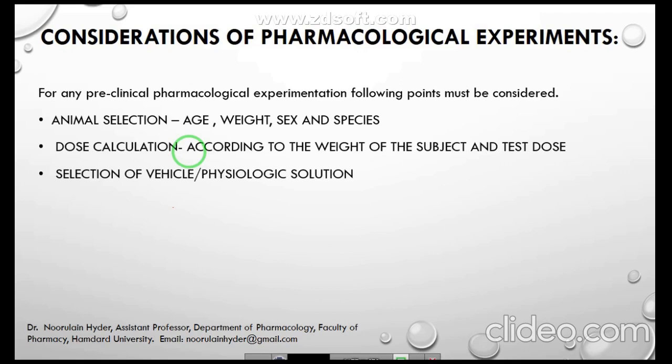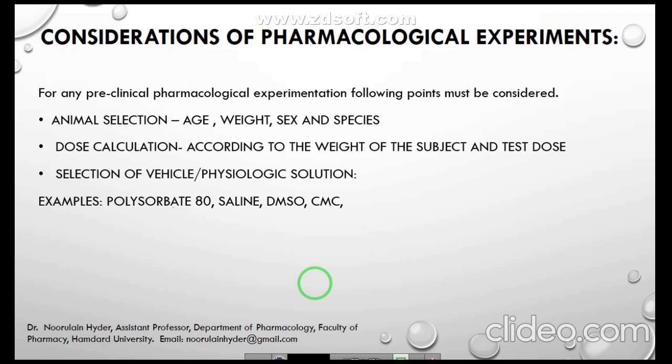Other common vehicles used include, number 1, polysorbate 80, whose generic name is Tween 80, and it is a non-ionic surfactant and emulsifier.